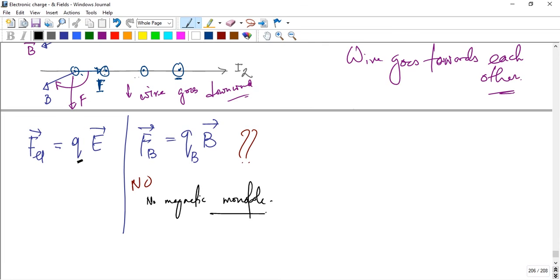If someone discovers a magnetic monopole, then this equation would be true. Otherwise, there is no magnetic monopole so far. Anyone can try to discover the magnetic monopole, but that's why we conclude this equation is wrong. When someone discovers it and shows that a magnet has a monopole, then the equation is true. Otherwise, this equation is wrong, because a magnet has no monopole.